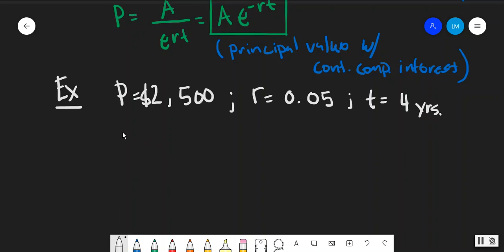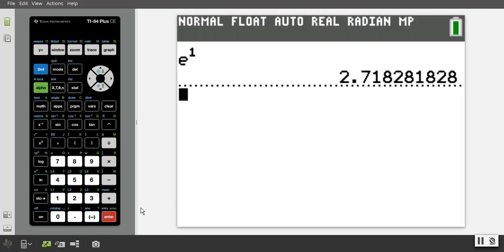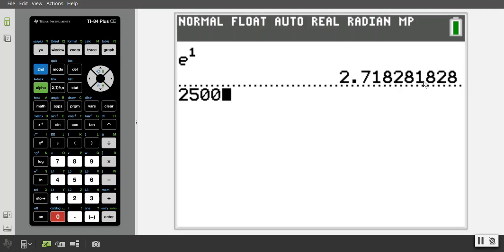So A is equal to 2500 multiplied by e raised to 0.05 times 4. This is going to give us the amount. At this point, you should be using a calculator, because if you round this value, it's going to get a little messy.